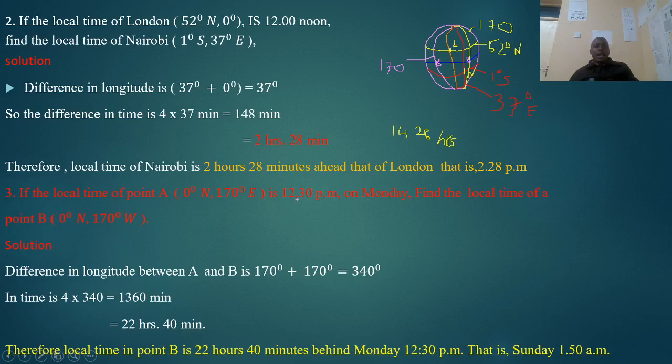That means it was midnight going into Monday, midnight to Sunday backwards. So I have remained with 10 hours and 10 minutes.